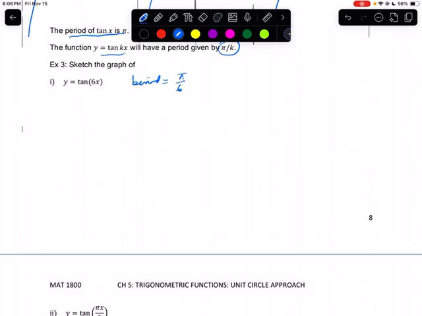So at 0 we will have tangent of 0, and tangent of 0 is 0.